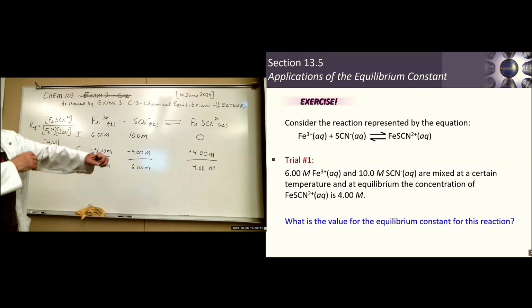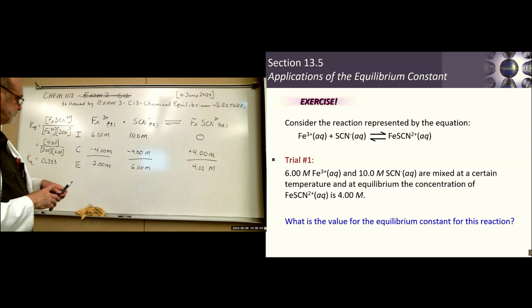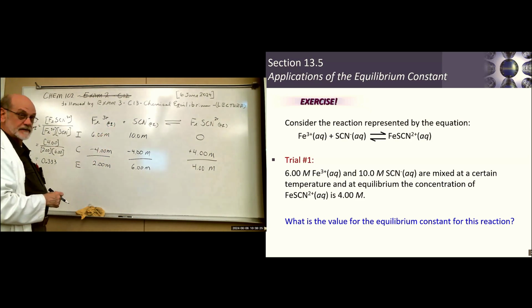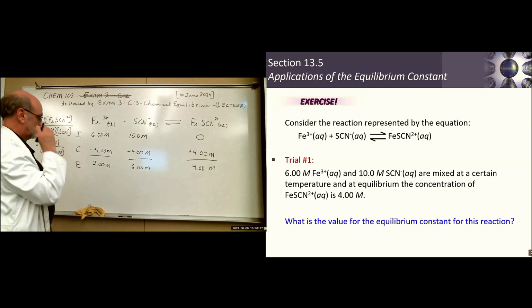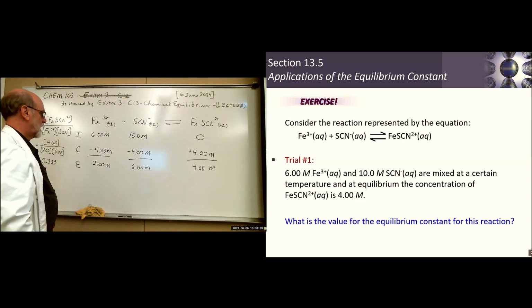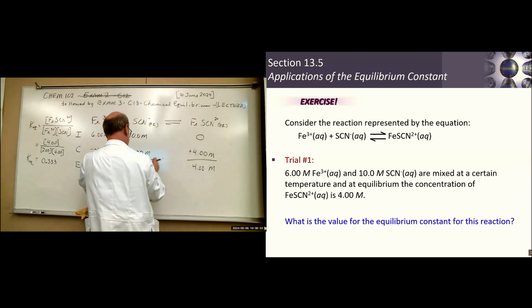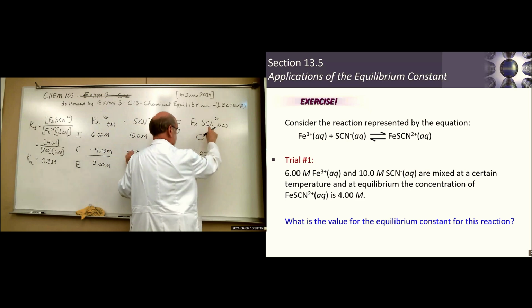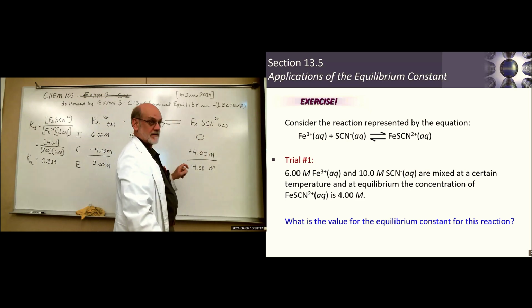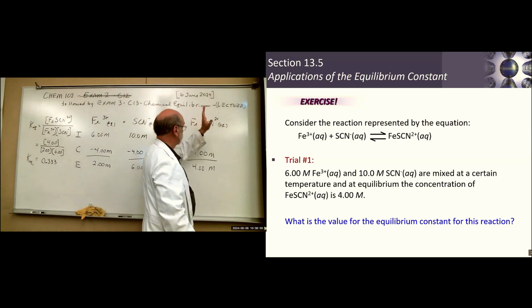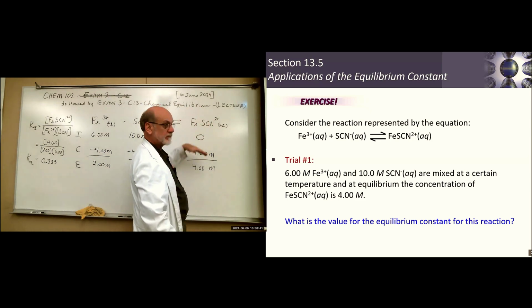So since we take away 4 from iron and the other one, why wouldn't it be +8 instead of +4? Oh, because 4 molar goes into this position. This 4 molar goes into that position. So it's 4 molar this and 4 molar that, which means 4 molar together.